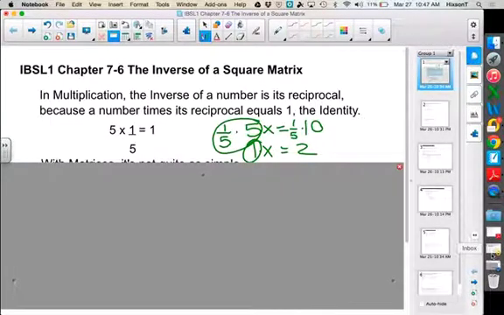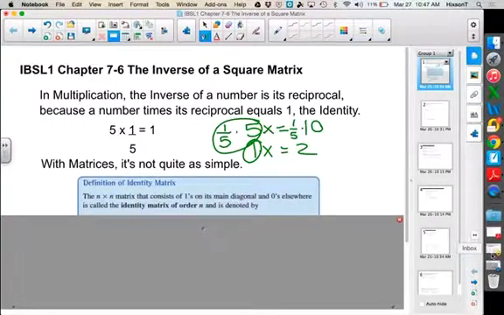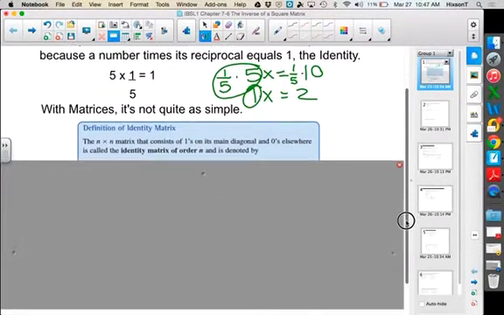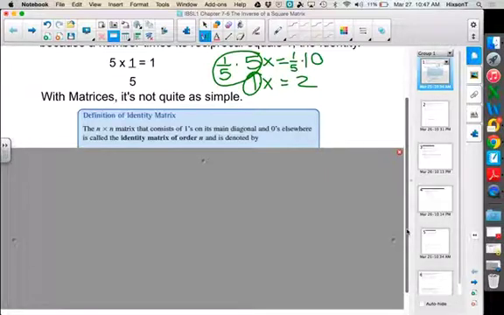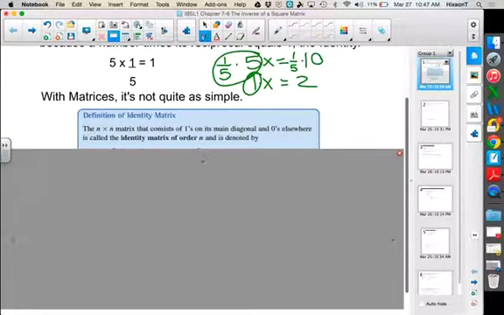Now with matrices, the concept is the same, but it's not quite as simple. But understanding the concept is important here. So let's first of all define what the identity matrix is. It's an n by n matrix.